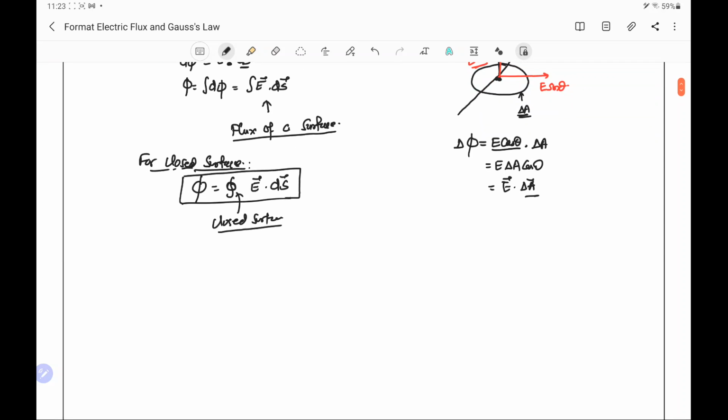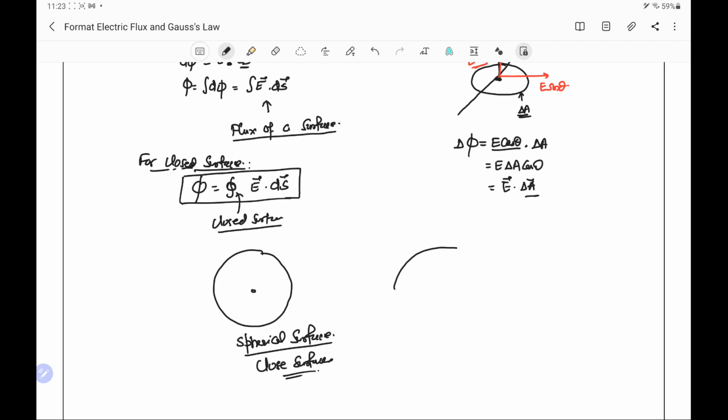For example, a spherical surface. A spherical surface is a three-dimensional surface. This surface is a closed surface and it encloses a volume. But if we take a hemispherical surface, it contains only the curved surface.